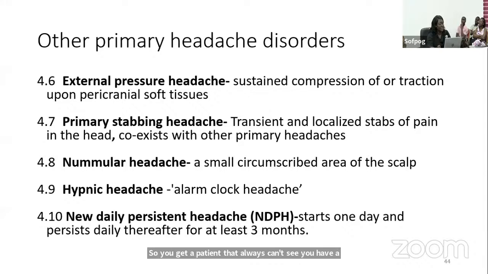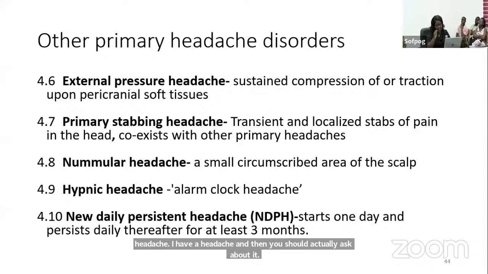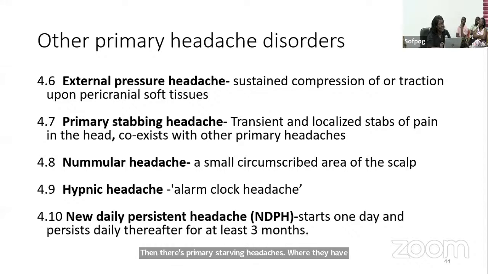Then there's primary stabbing headache, where they have pin and needle sensation, jabs and stabs of pain in the head at a particular place. Another important type is nummular headache, where it occurs as a small circumscribed area on the scalp where the patient will describe the pain. They sometimes have a coin shape, not more than 6 centimeters.